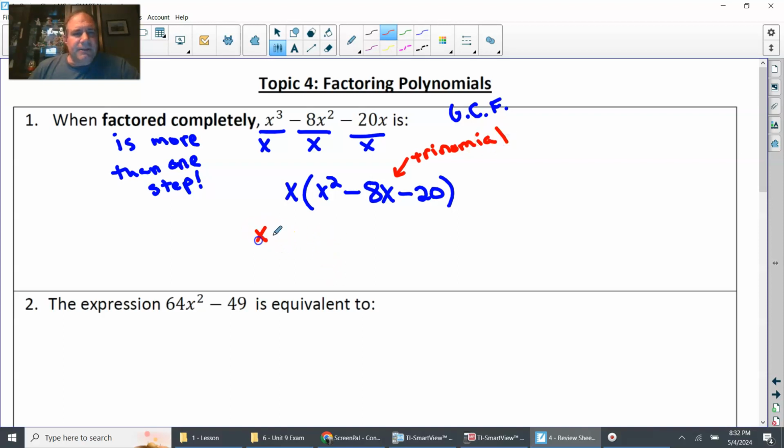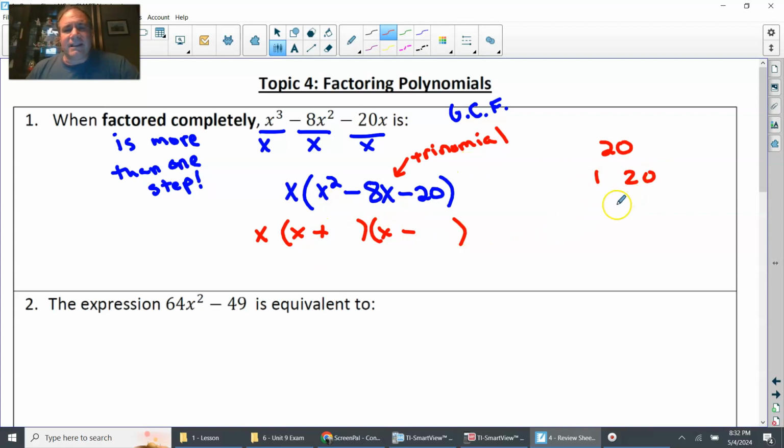So I'm going to break that up into two binomials. And I'm going to look for a number that multiplies to 20 and that adds to 8. So 1 and 20. By the way, this is X and X. If I multiply to a negative, I know that it has to be a positive and a negative.